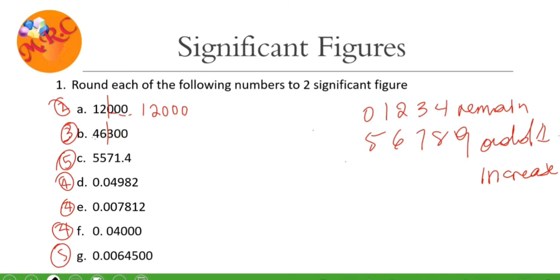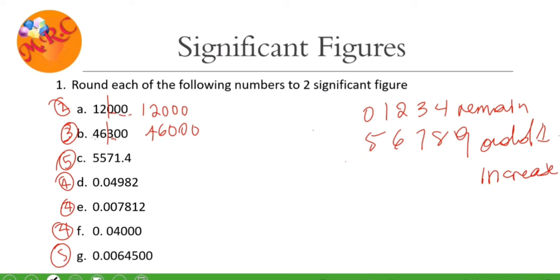Is it 5 or more, or is it less than 5? It is less than 5. That means our digit that comes in front, which is our 6, is not going to change. So our answer is going to be 46, and every digit that comes after, we're going to fill those slots with 0. Alright?